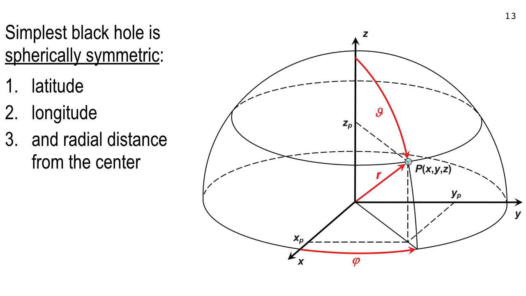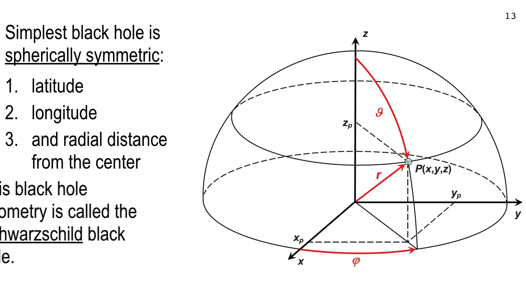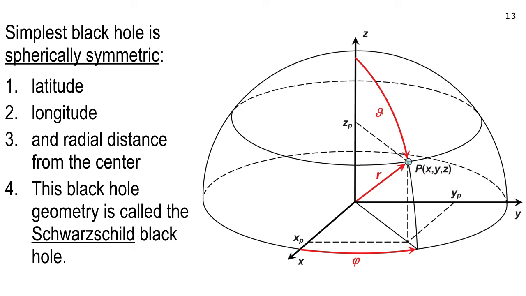So on a globe of the Earth, we just think about latitude and longitude. And of course, if you're in an airplane, you have to think about latitude, longitude, and altitude. But in a black hole, the radial distance from the center of the black hole is the key.